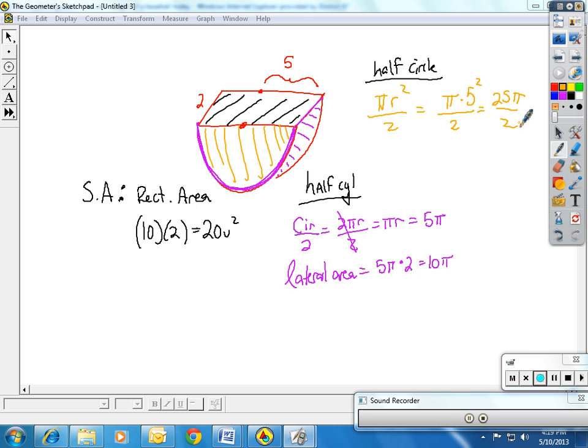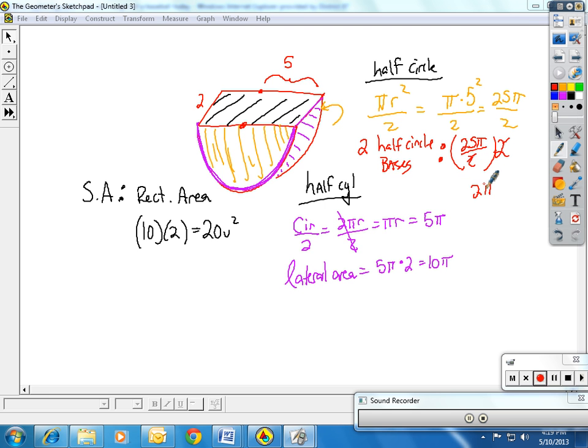Now remember, I've got a base here, and then I've got a base on the other side. So since I've got 2 half circle bases, I'm going to multiply 25 pi over 2 by 2. My 2's cancel.